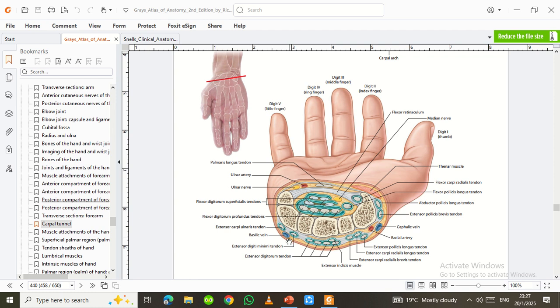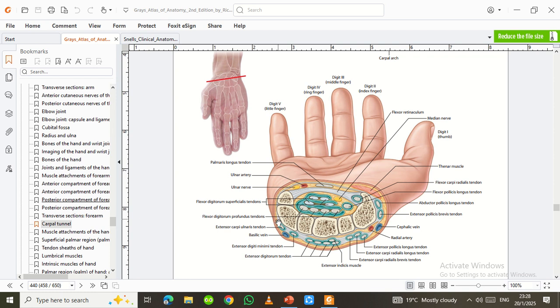From medial to lateral, first you're going to have a nerve that is called the dorsal or the posterior cutaneous branch of the ulnar nerve. And then you're going to have your basilic vein, and then you're going to have your cephalic vein and your superficial branch of the radial nerve, the one that we said is a content of your anatomical snuffbox.